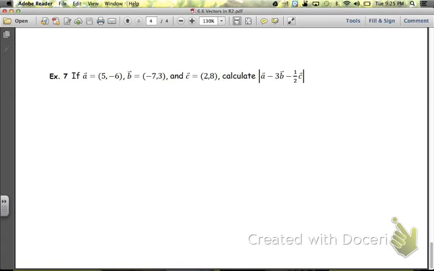And now for our last example of this part of our unit, 6.6, example 7.